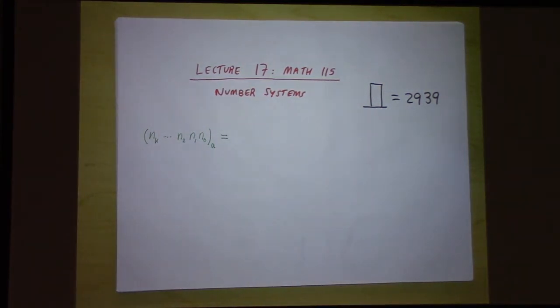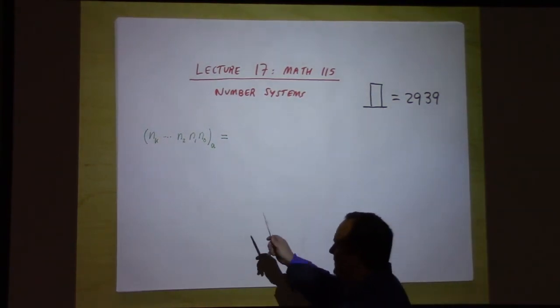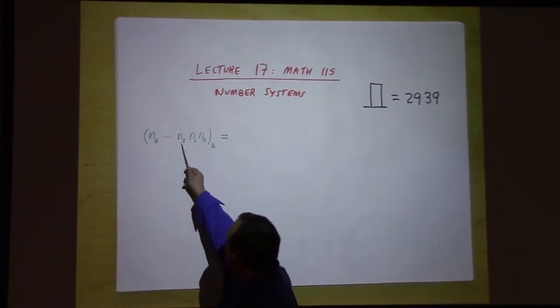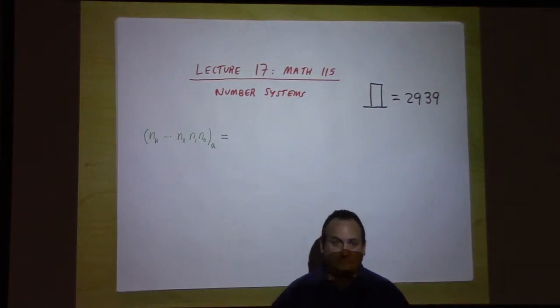The leading digit is n sub k, and then I've got n sub 2, n sub 1, n sub 0 here.